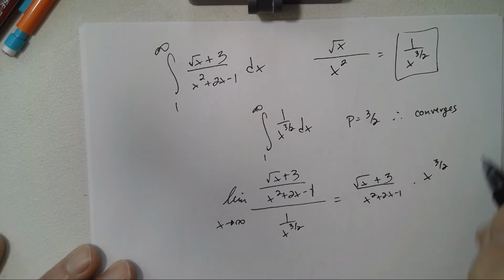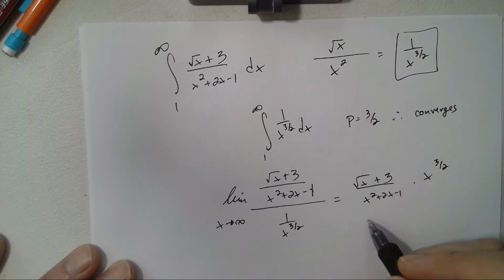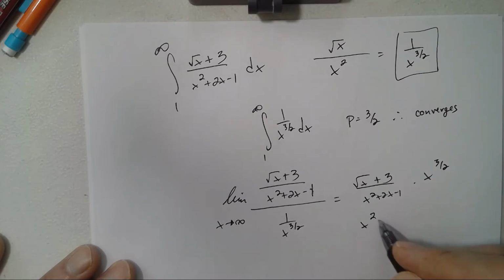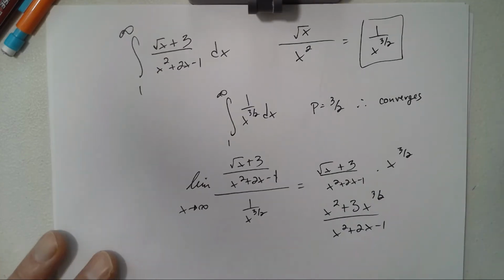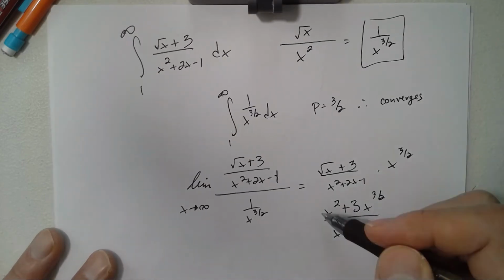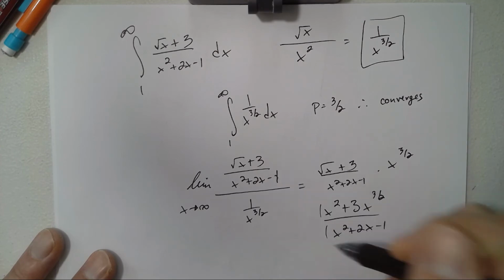Could distribute that, so it'd be x squared plus 3x to the 3 halves. You could do L'Hopital's a couple times, but you could see that the ratio of the coefficients is 1 over 1, so we get 1.